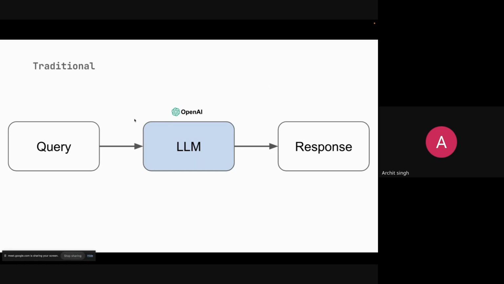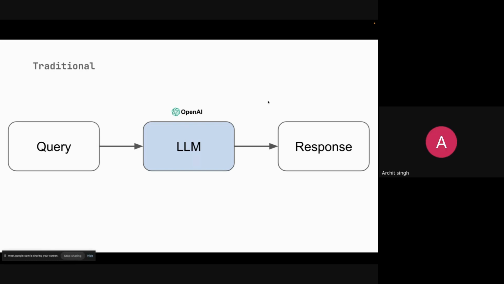So traditionally, when we pose a question to ChatGPT or any other LLM, you get a response based on the query. It's as simple as you ask a question, you get a response. There's no control over how the answer is being generated, and there's no control over where the data is being derived from.